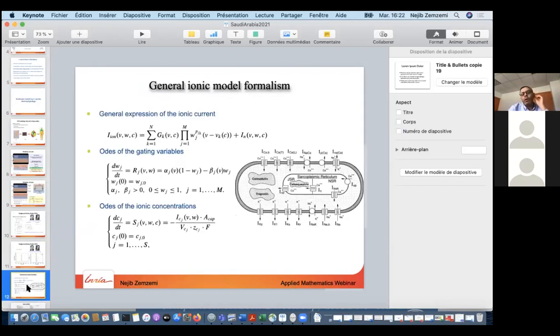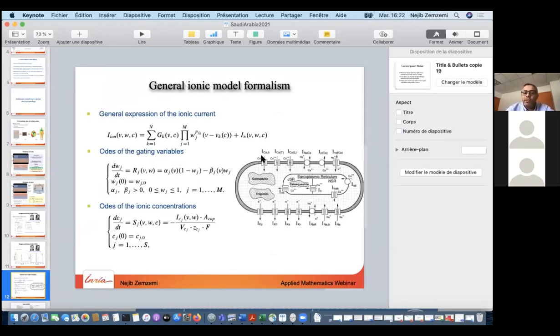Then people generalized the Hodgkin and Huxley model in general, and they could add a lot of concentrations in the models and a lot of currents. You can introduce as many currents as you have gate variables.